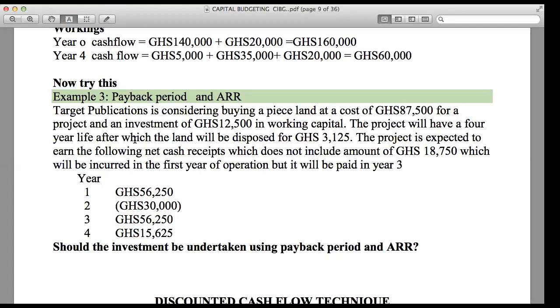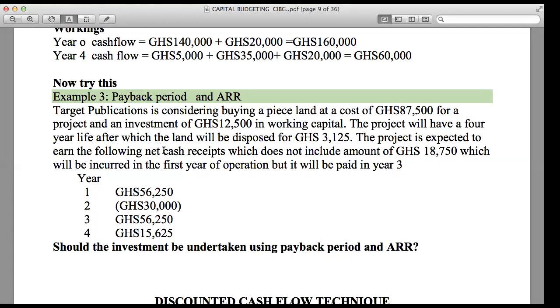It's 56,250. Year three is 56,250, right? And then year four. Hey, there'll be trouble.